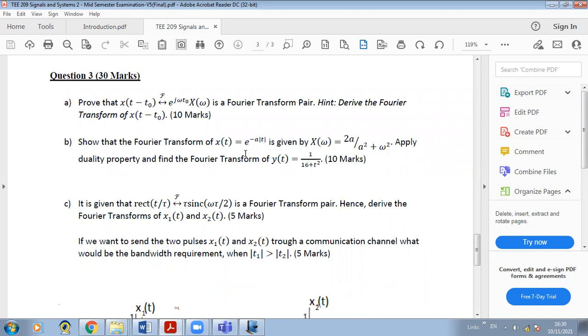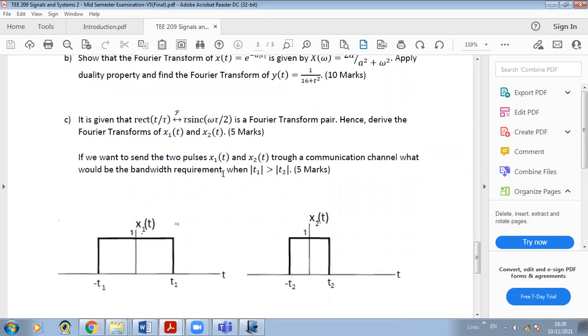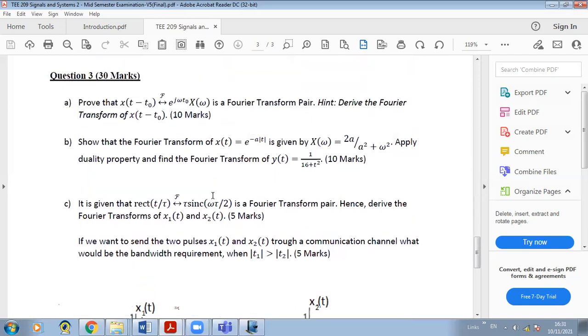And this one I did before the mid-sem. Here you have to find the bandwidth requirement of these two pulses. We have seen how these two pulses require bandwidth. You can remember that the narrow pulse needs more bandwidth, and the wider pulse needs low bandwidth. So we have done this question.